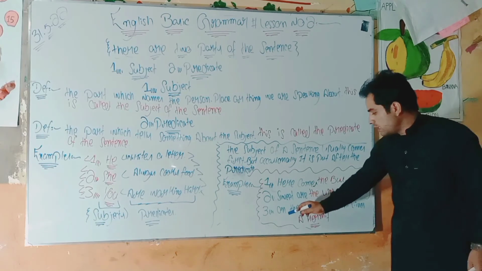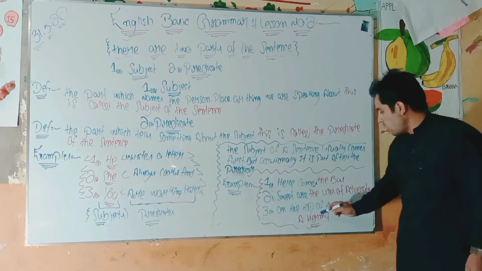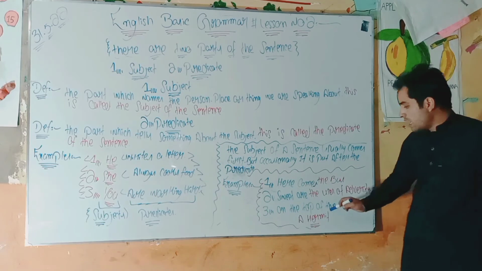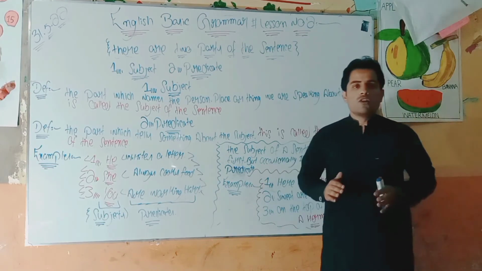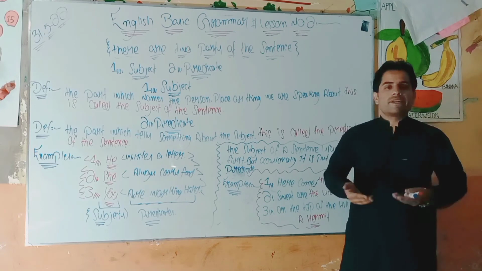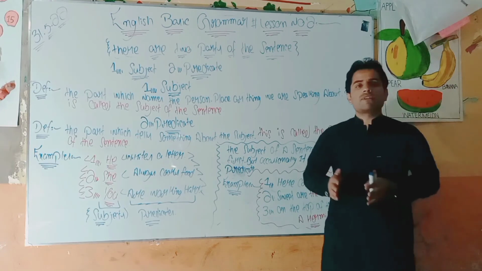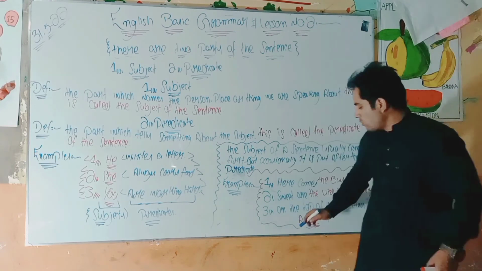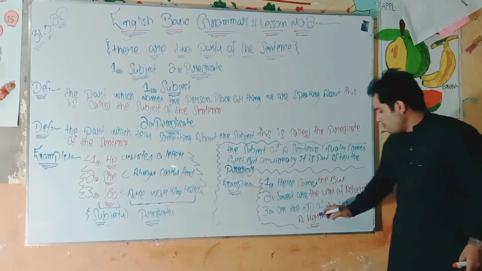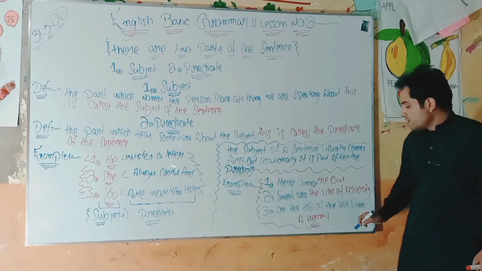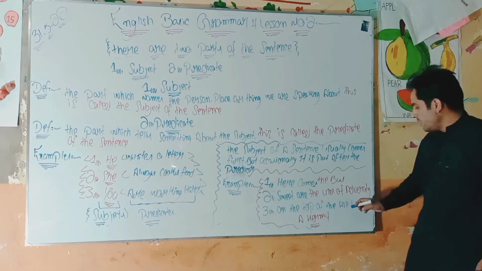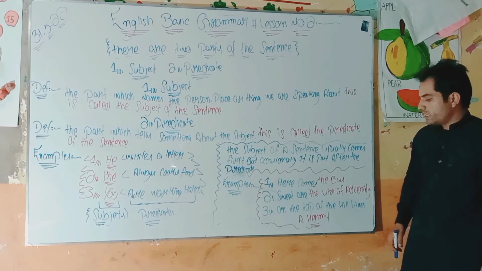The third example: On the top of the hill lives a hermit. A hermit means a person who, usually for religious reasons, lives a very simple life alone. So a hermit is the subject and on the top of the hill lives is the predicate.